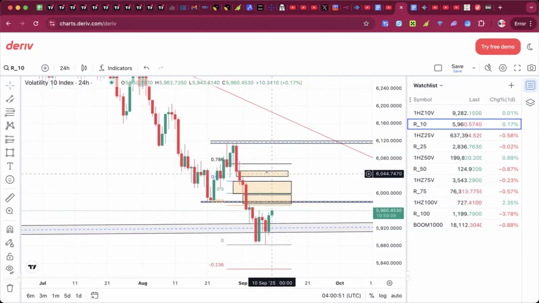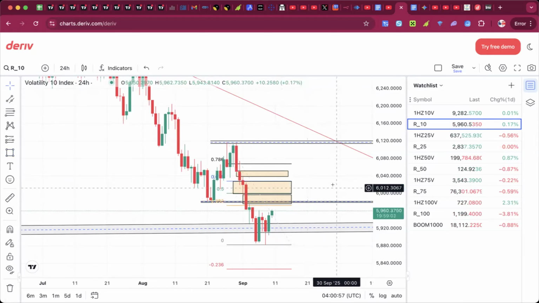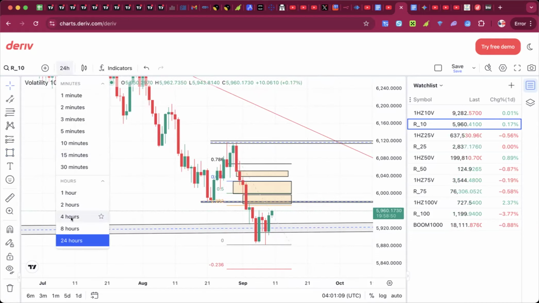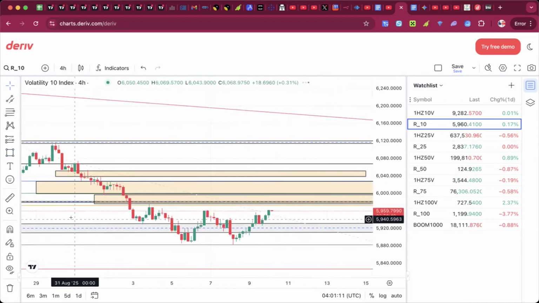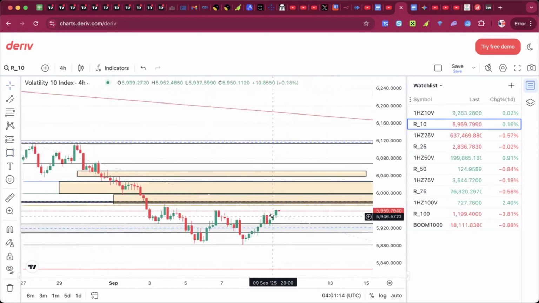So till we get here and start doing some kind of funny thing, I want to go to a lower time frame to see what the market wants to do at that point. Okay, so that's what you're now doing to say potentially the market should start retracing from there. So if you now go to a lower time frame like 4 hours, right? It's actually a medium time frame.